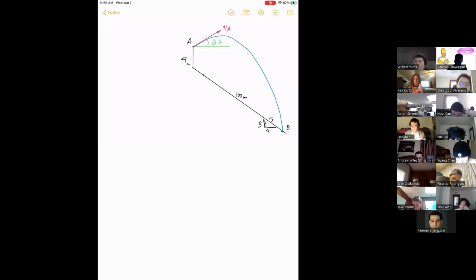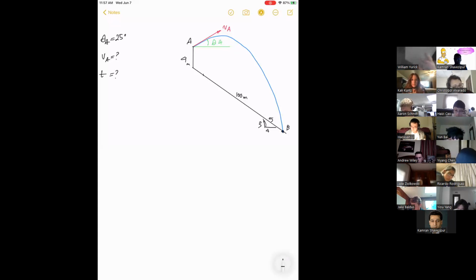This is what the problem is, right? We have the value of theta A as 25 degree. We need VA and we need time. Any suggestion how to start?